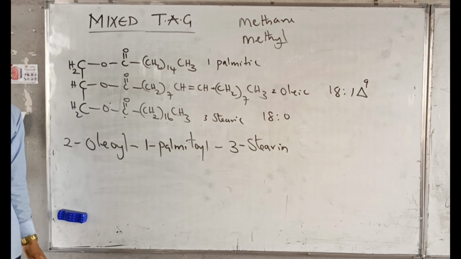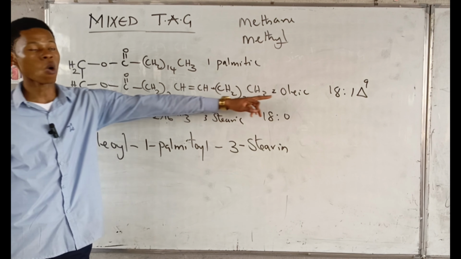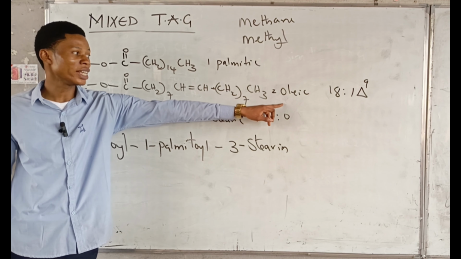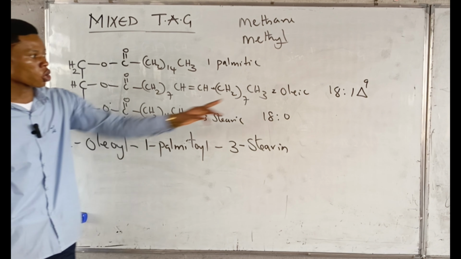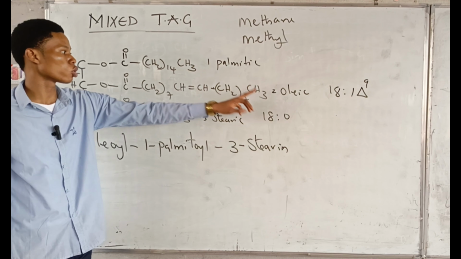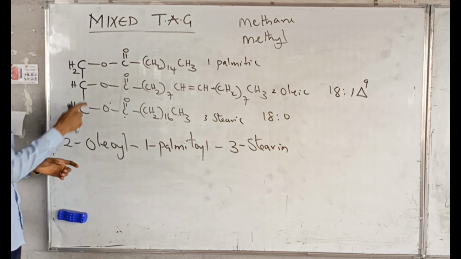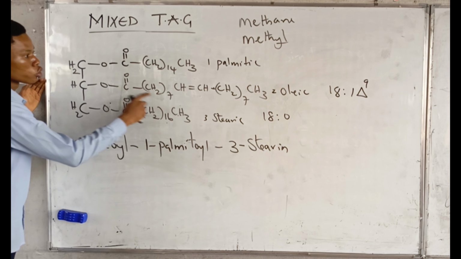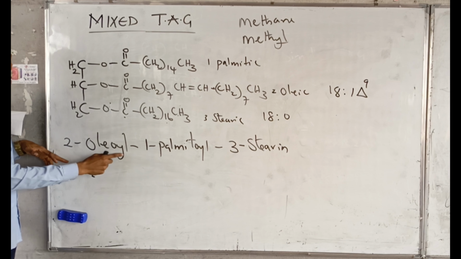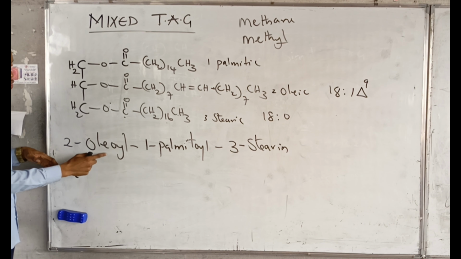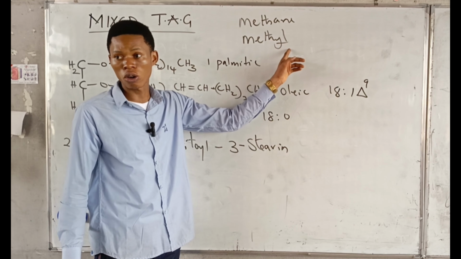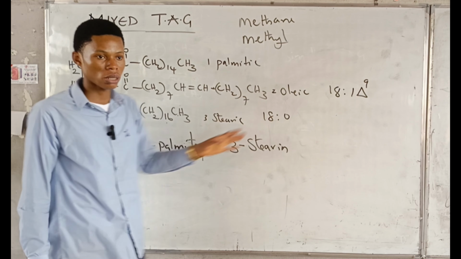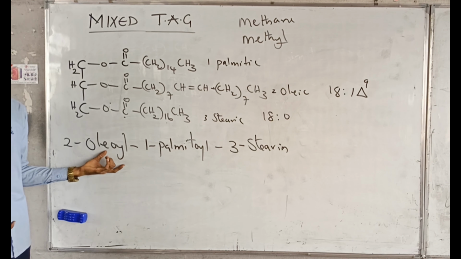Now you have to name it alphabetically. So you take the list according to the alphabet. O is the first here, right? So oleic acid, but here you don't write oleic. This is on carbon 2. This is carbon 1, carbon 2, carbon 3. So 2-oleoyl. You just add your yl, just like methane, methyl, ethyl, all those things, to show that it's a substituent.